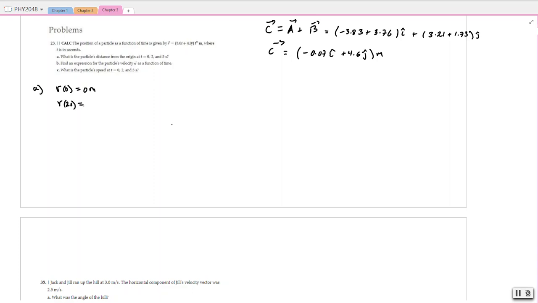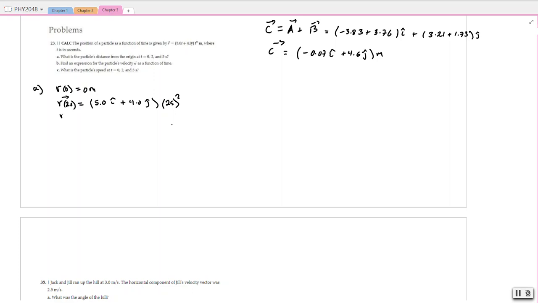What is going to be, if we use the equation we have over here, it will be 5.0, and I will use the symbol of vector here, 5.0 i plus 4.0 j times t squared, so it will be 2 seconds squared, and of course the unit here is in meters.